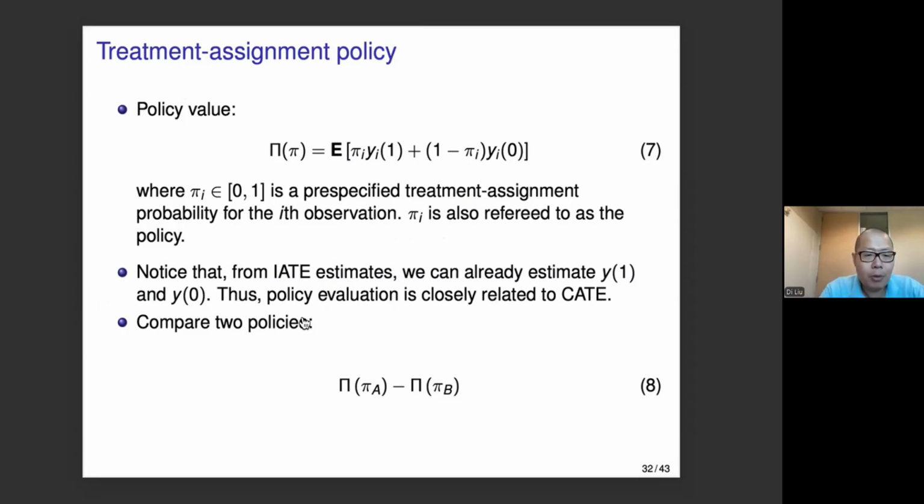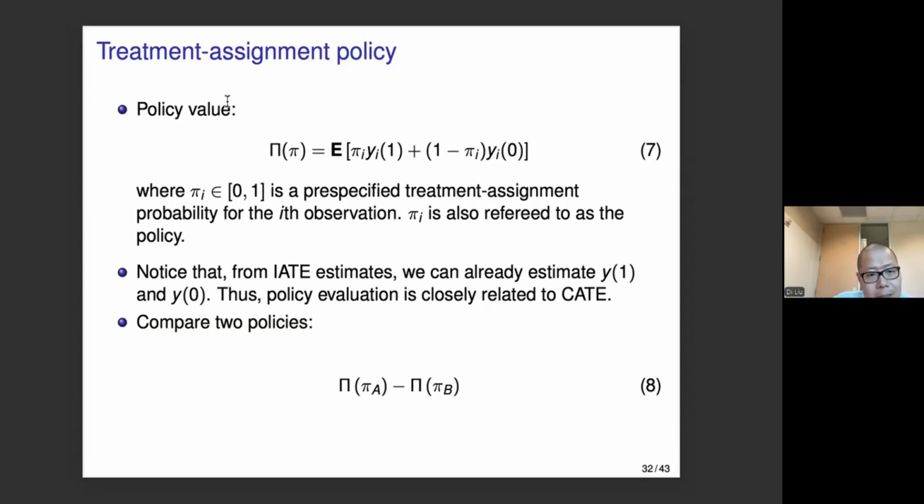So what is a policy? A policy is the probability pi_i, which belongs to [0, 1], the pre-specified treatment assignment probability for the ith observation. So pi_i also refers to the policy.